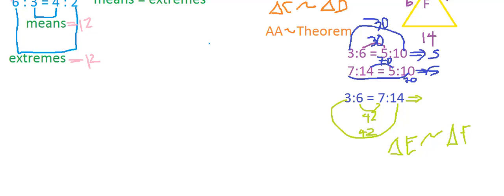As we have shown, there are 3 sides that are proportional. So we can say that these 2 triangles are similar because of the side, side, side similarity theorem.